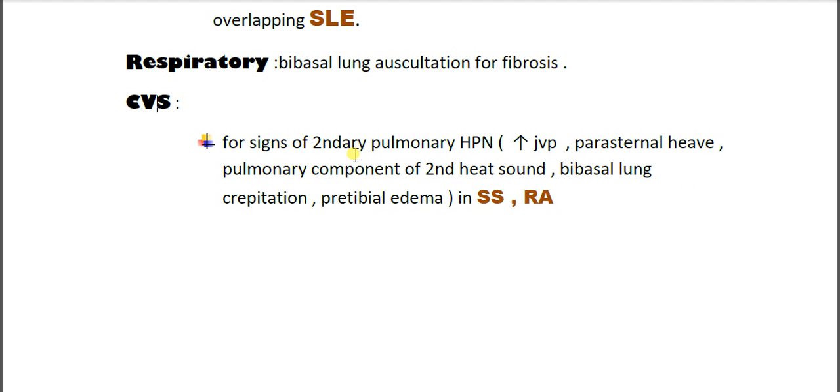Put your stethoscope especially in the pulmonary area to hear if the pulmonary component of the second heart sound is loud or not, because in secondary pulmonary hypertension you will hear a loud component of the second heart sound.